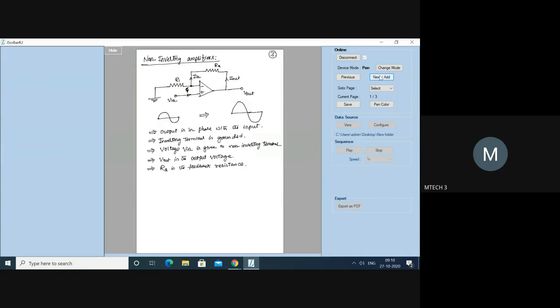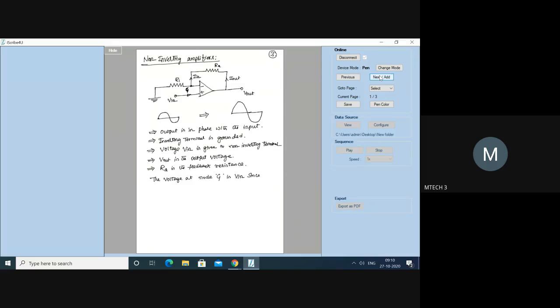Now below that you write: the voltage at node G is Vn.